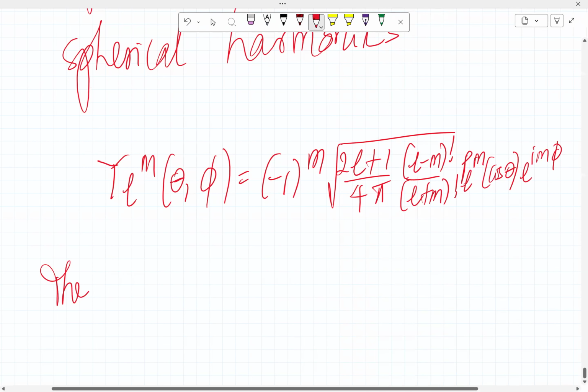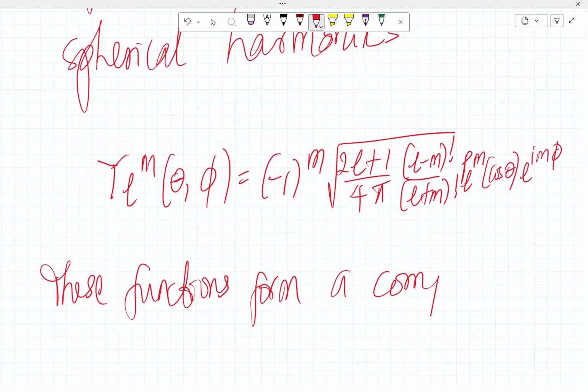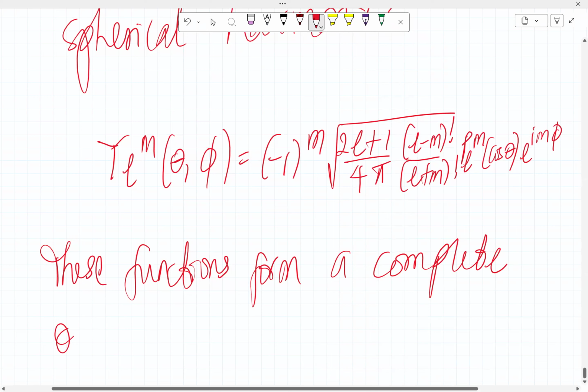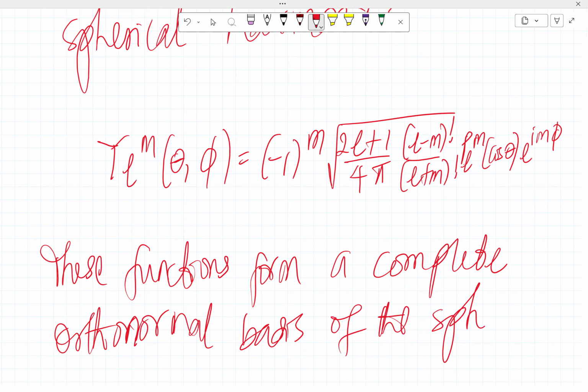So these functions form a complete orthonormal basis of the sphere. Wow, that's a stretch.